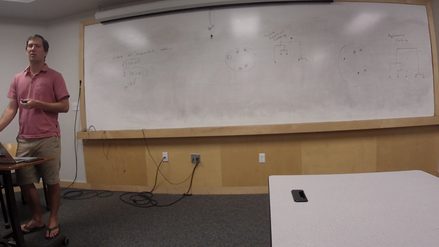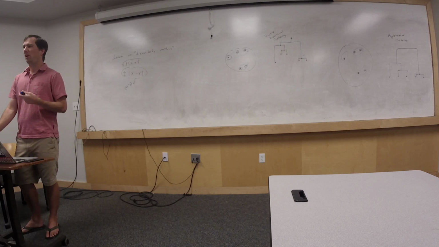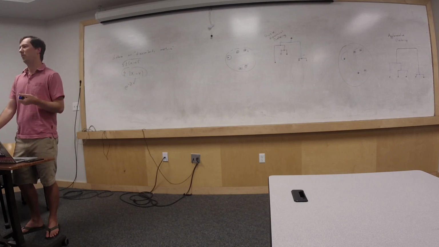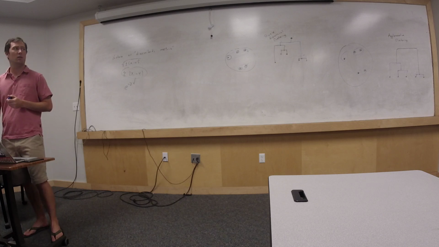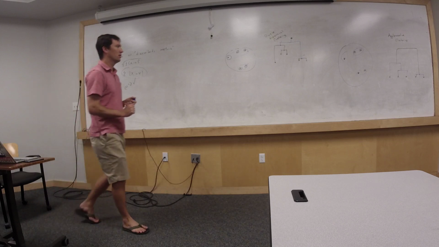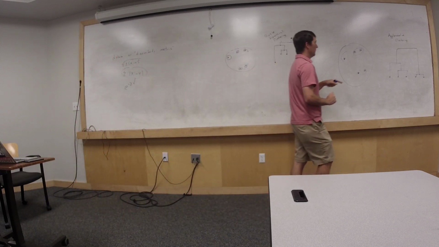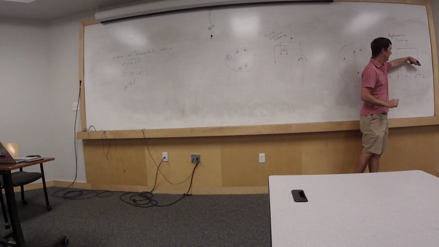So if I'm merging clusters that are all a single point, then I just pick the two that are closest together and go from there. What about at this level?